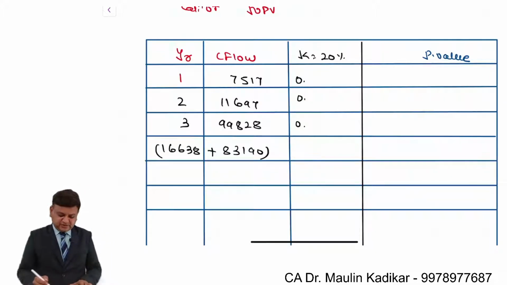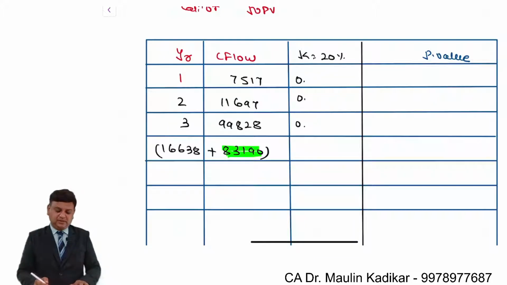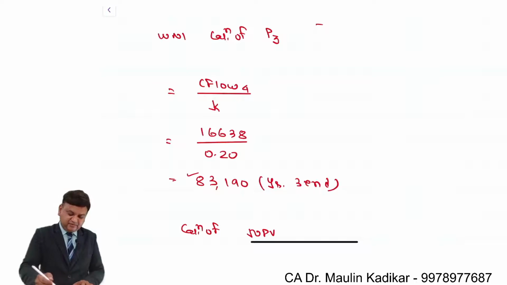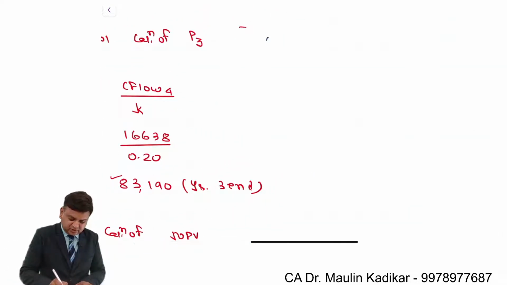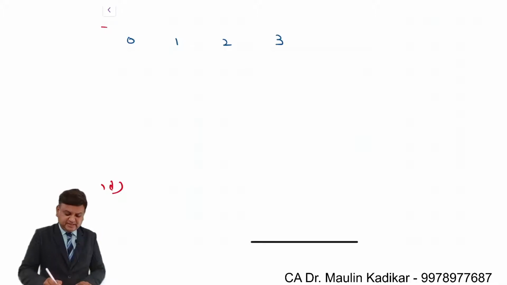Just 2 minutes, I am explaining this P3 value. This value is what we discuss more in detail when we study our very simple chapter, security analysis, security valuation. Basically what happens at, say, it is year 0, year 1, year 2, year 3. Over here the question is providing that, say, the life of the business is perpetuity.